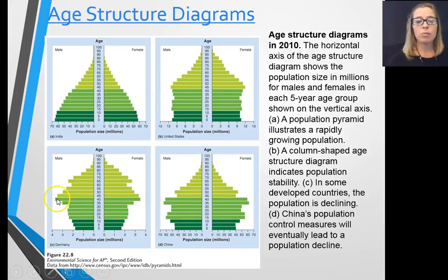Here, you can see a population that is decreasing. So each generation is having less offspring than the generation before it. These age structure diagrams are really good to help us predict future population growth and what's going to happen to the rate of growth in that particular population.